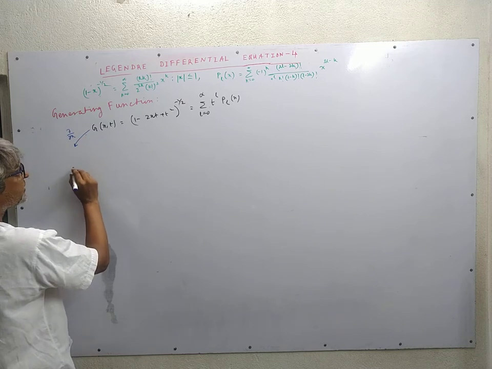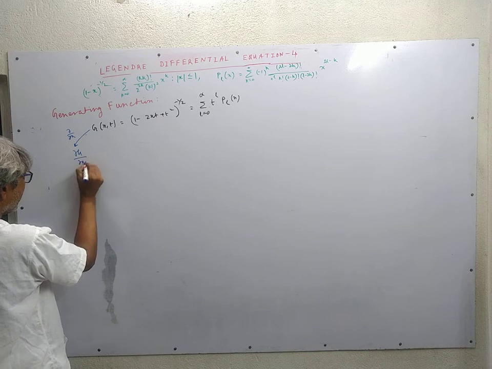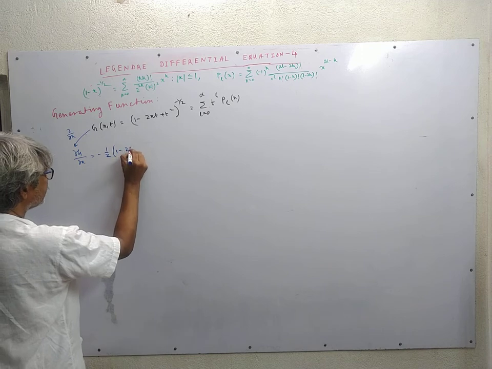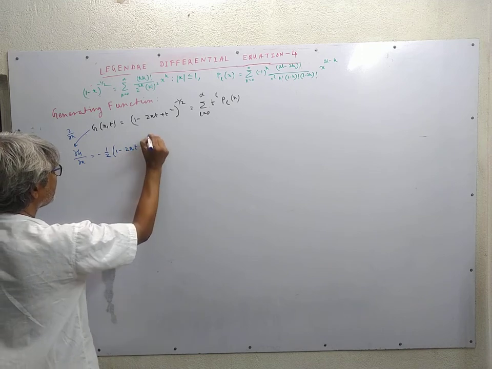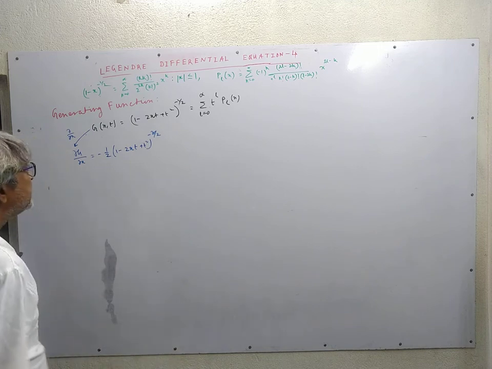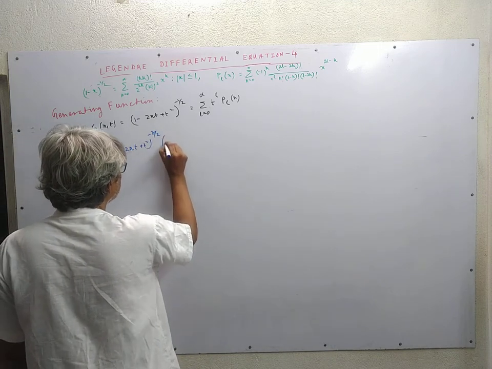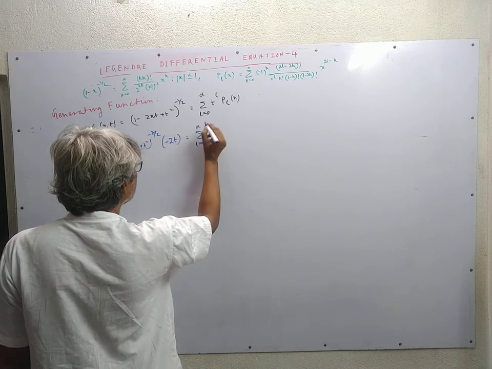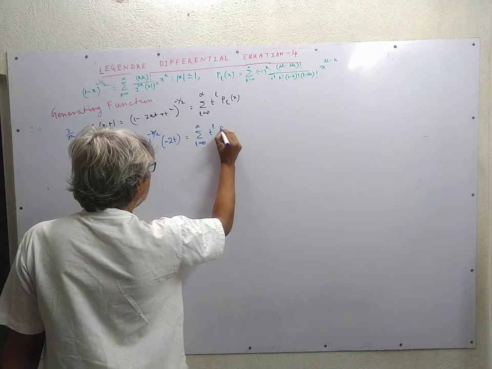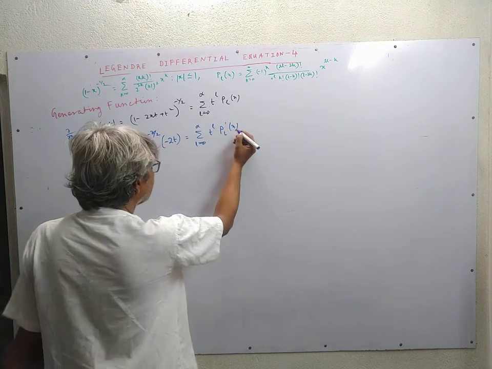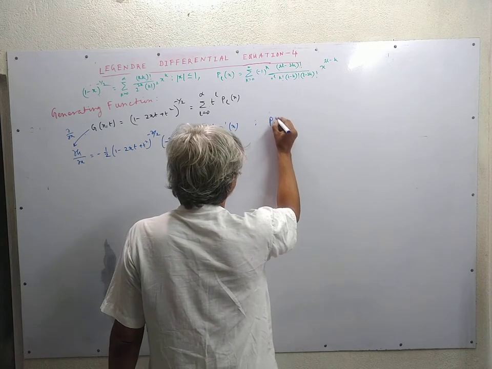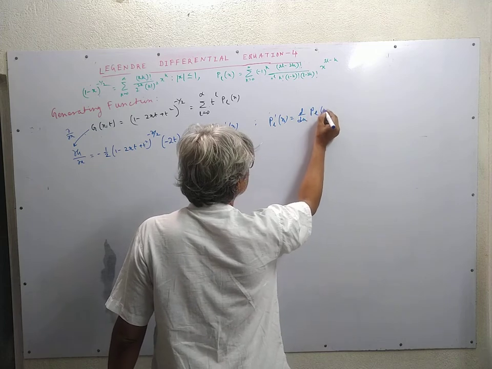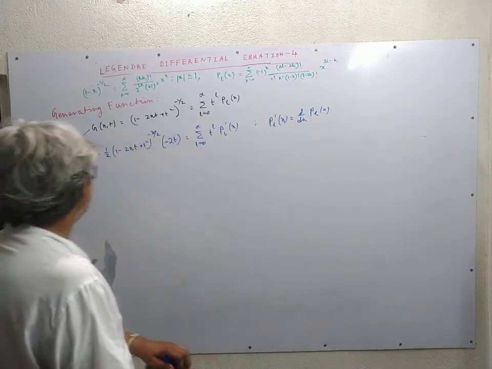We differentiate it partially with respect to x, we get minus half (1 minus 2xt plus t squared) to the power minus 3/2 times minus 2t, and on the right hand side we will have the sum over L equal to 0 to infinity of t to the power L P_L prime of x. Here P_L prime of x means d/dx of P_L(x), that is the derivative of the Legendre polynomial.